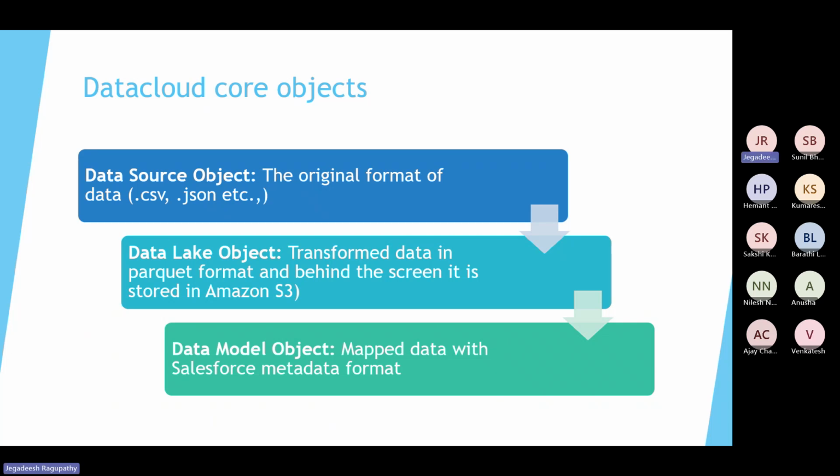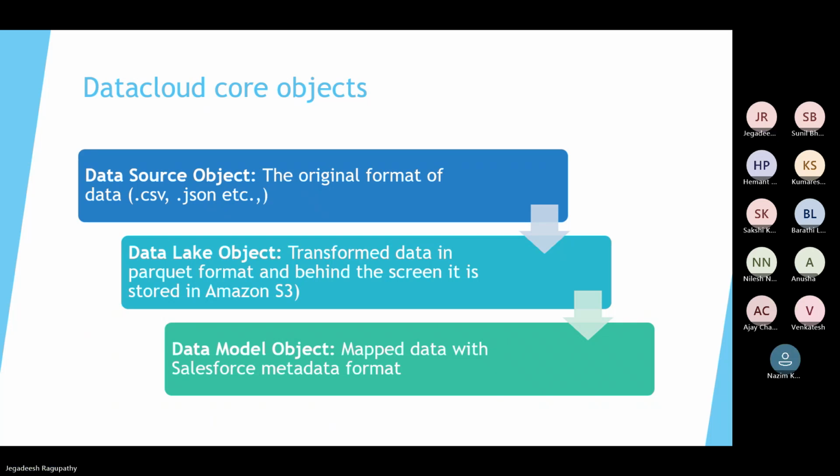You all know data cloud has core objects to support. One is the data source object, we call it DSO, then the data lake object, DLO, and then we have the data model object. Once you ingest data, the name itself implies, data cloud cannot run without any data.